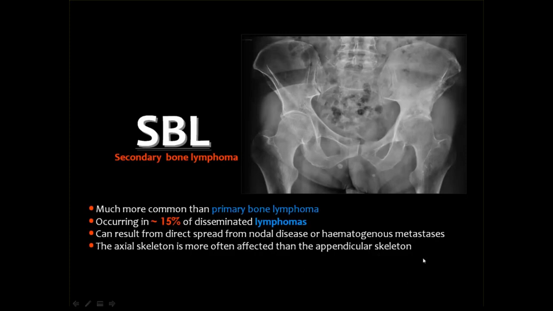This patient has lymphoma of the femoral head and the neck, associated with what looks like an extraosseous soft tissue component. The secondary bone lymphoma is, of course, much more common than the primary lymphoma, occurring in about 15% of disseminated lymphoma.